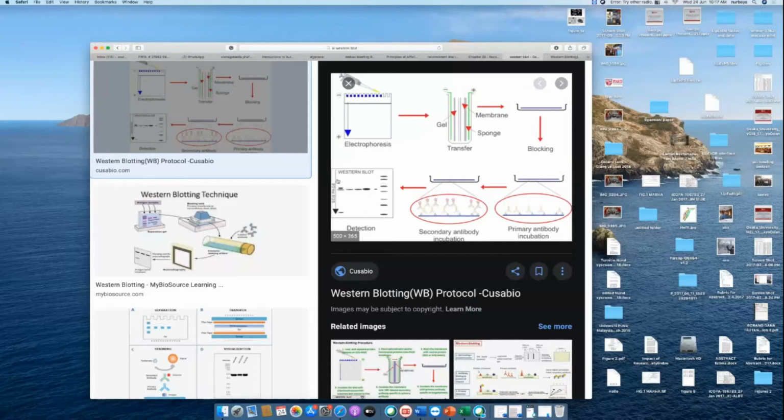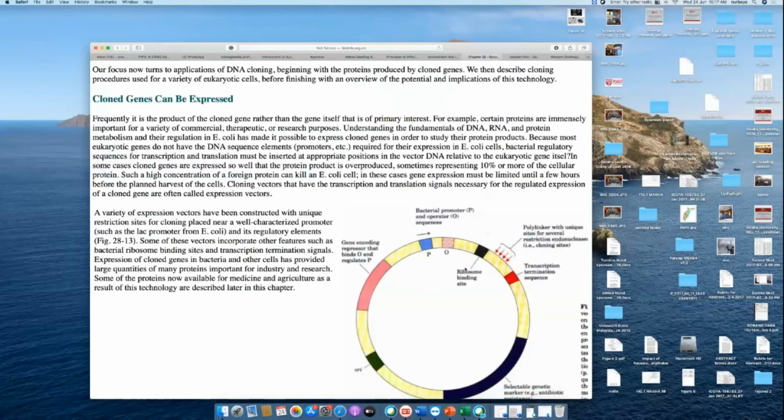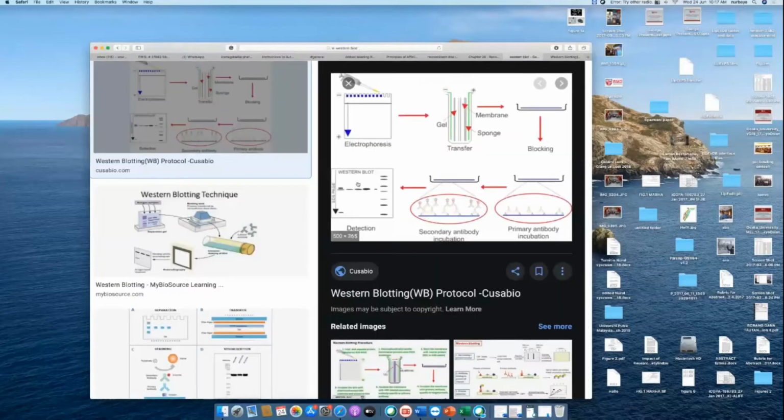Then you can visualize it using the detection technique. So for example, if histidine is present in here, when you run the Western blot, you can see a protein band with the histidine. So it will give you some idea.